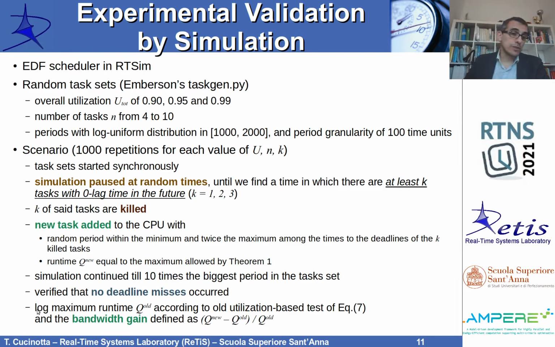We also logged the maximum runtime obtained according to the old utilization-based test of equation 7, and the bandwidth gain, defined as Q_new minus Q_old relative to Q_old. So it's the additional budget we could give the task relative to the one we would have originally granted it with the original simple utilization-based test.